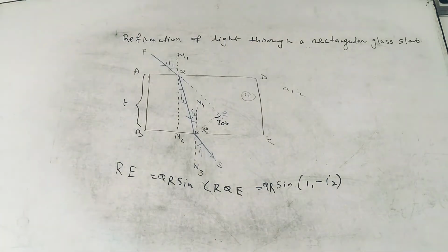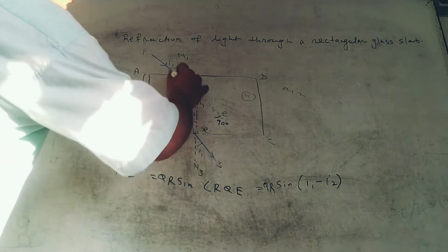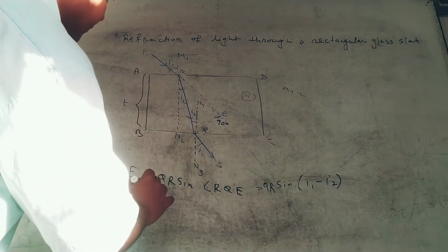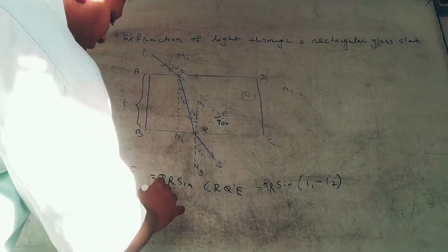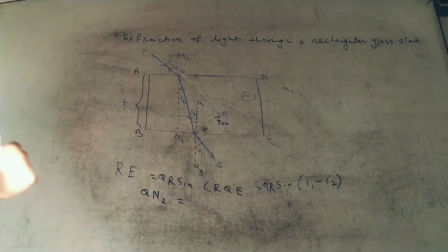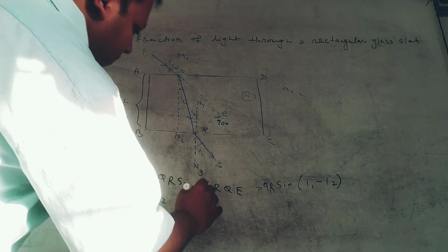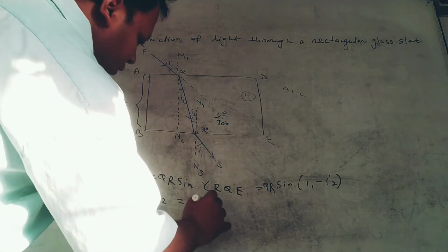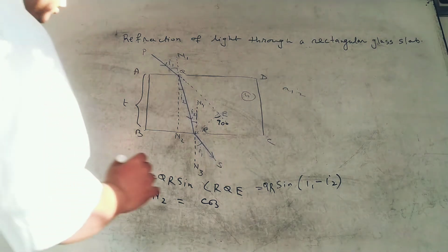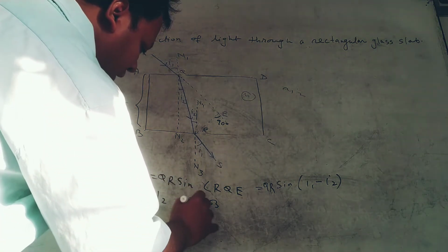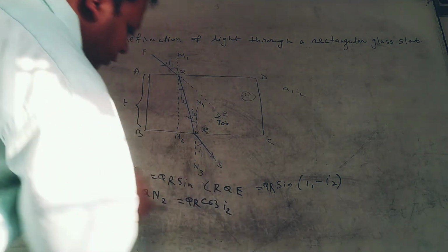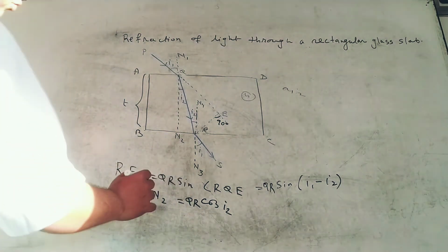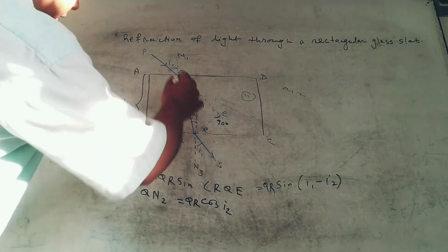Now, from the triangle QN2R, we can also write that cos I2 is equal to QN2 by QR.